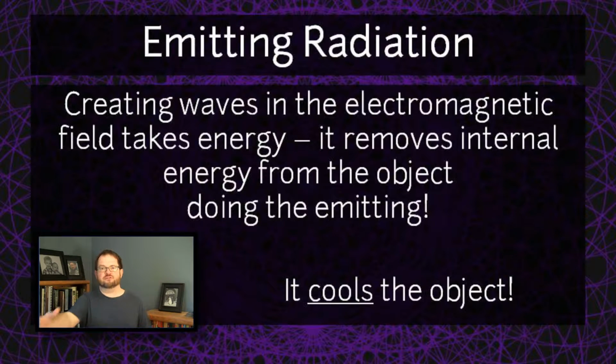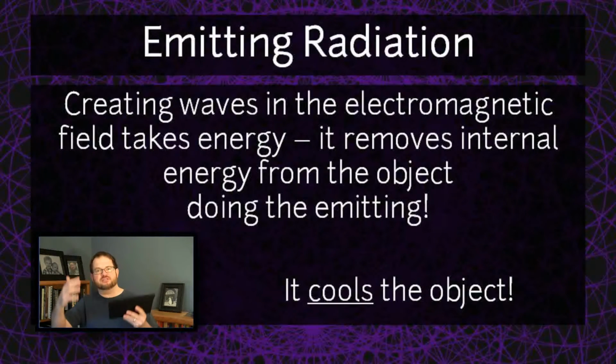When the sun gives off shortwave radiation, it extracts energy from the sun and puts it in the form of those waves. Think about, if you've ever been to a wave pool at a water park, some big motor is being used to produce these big waves in the pool. It takes energy to produce those waves.